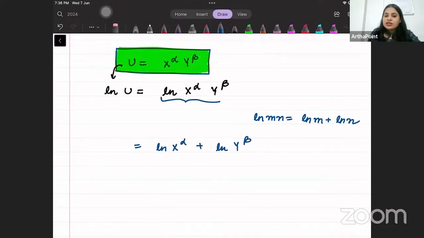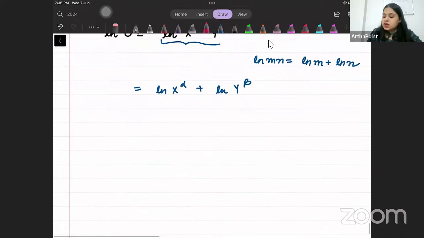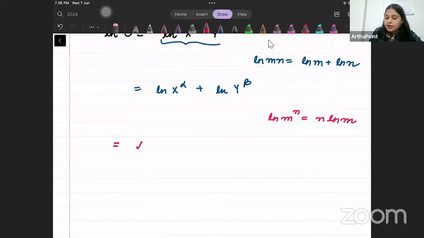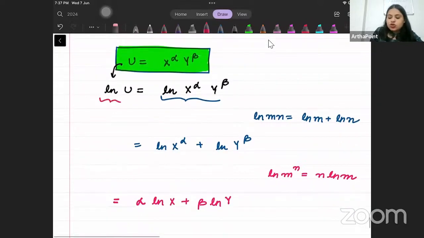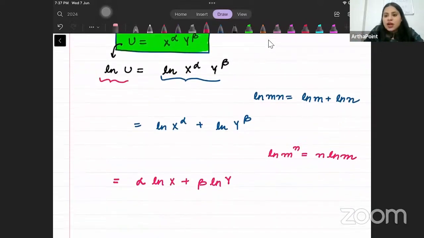The next property of log is that log m to the power n is n log m, so I can bring the alpha down. Now ln U means the log of a number, and the log of a number can be a new number.